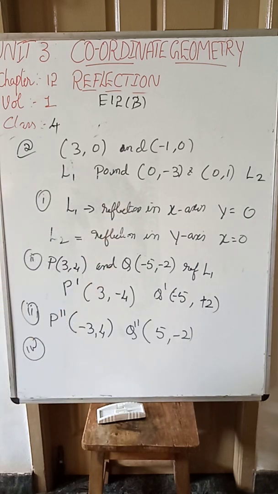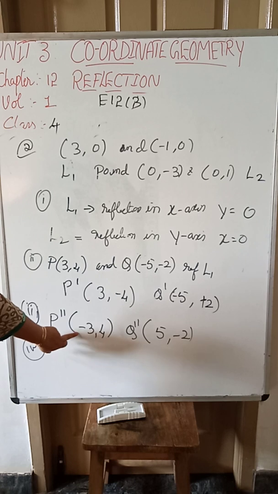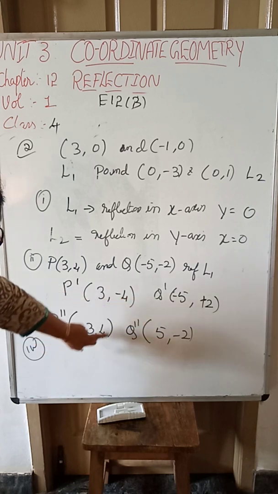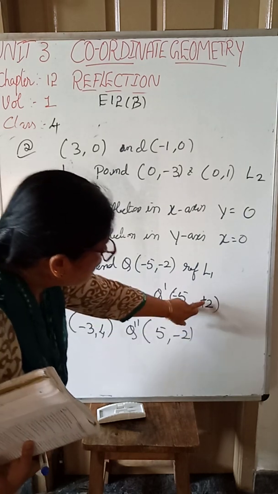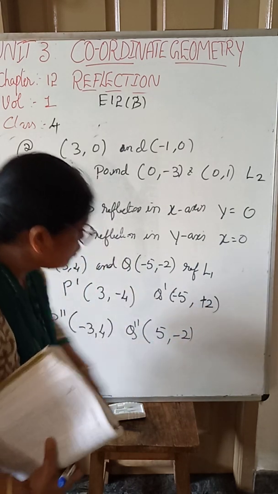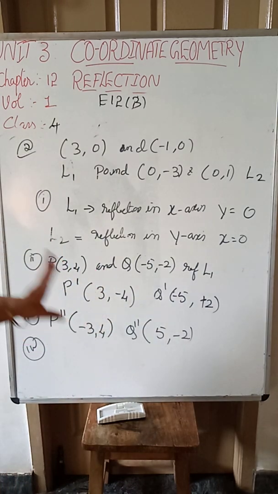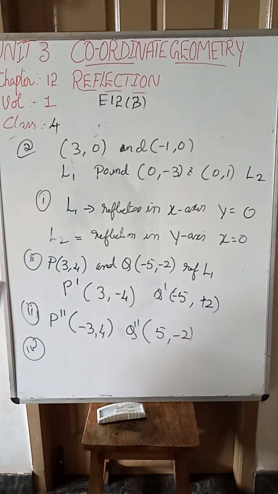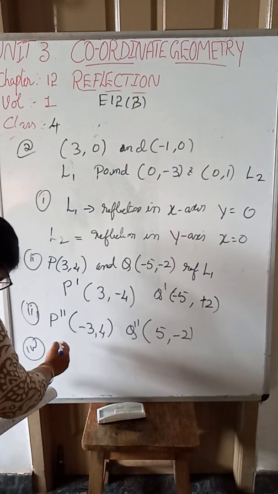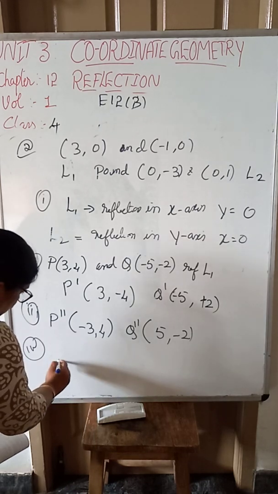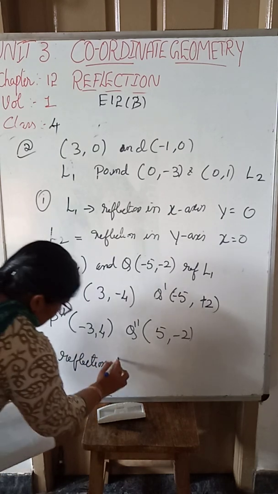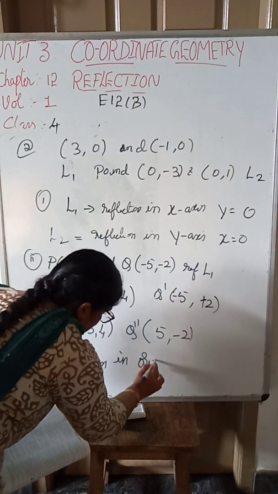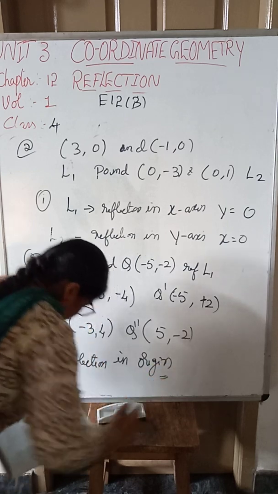You observe that +3 has changed to -3 and -4 has changed to +4. -5 has changed to +5 and +2 has changed to -2. So for both, the signs have changed. So the reflection has taken place in the origin. So here we have to write, for the fourth one, reflection in origin.